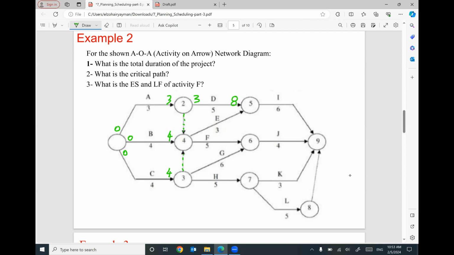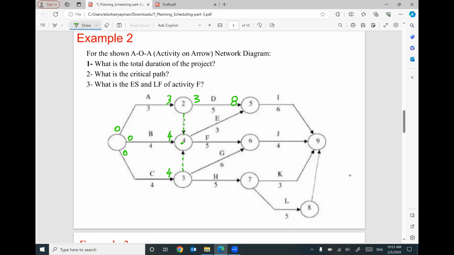For activity E, be careful about activity E and F. Both of them are dependent on A, B, and C. Because the finish of activity B, the finish of activity A by this dummy activity, and the finish of activity C by this dummy activity will end at this node.